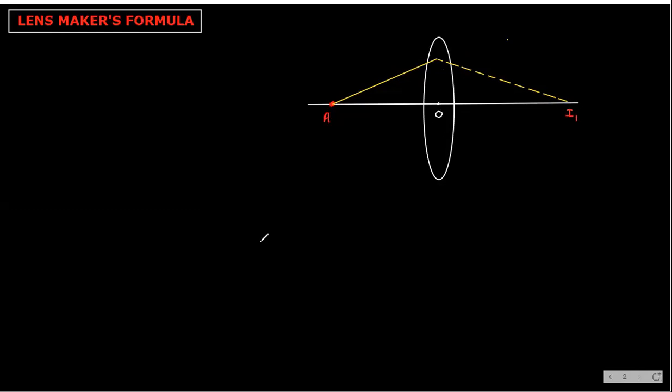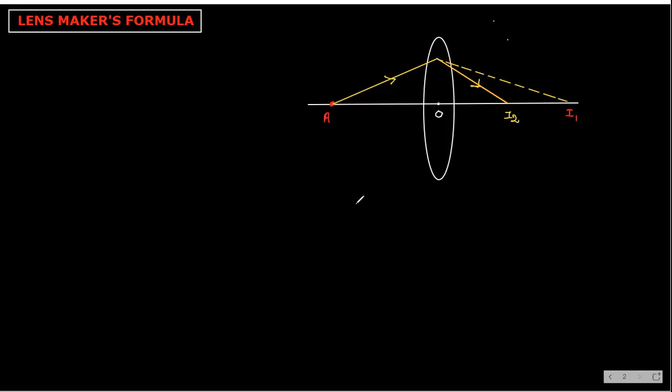So due to this curved surface, this image will behave as an object, and that's why you will get the actual image somewhere here. That is I2. Like this is the final image, this is I2.